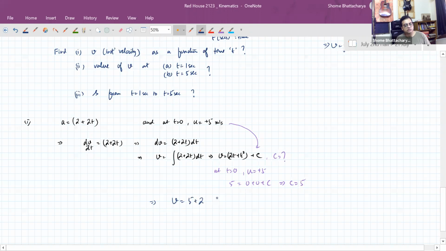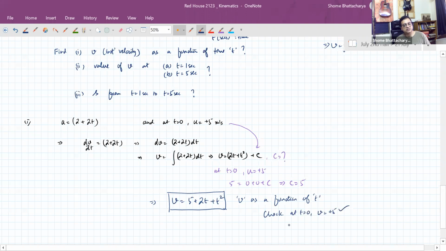It doesn't matter what order we write it. Now you can also check that this matches the information that is given. So this is velocity as a function of time. Put t equal to 0 and you'll get the velocity as plus 5. So that's correct.